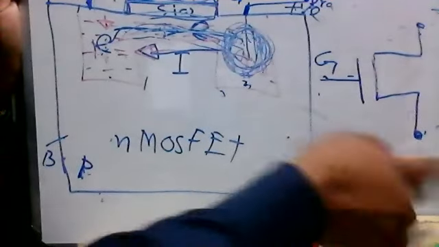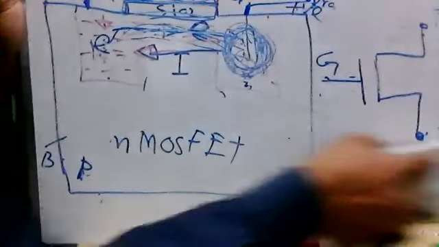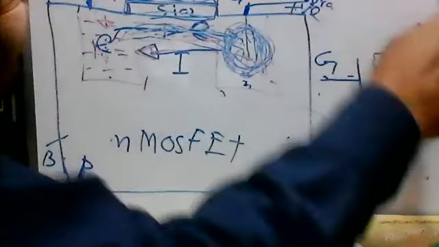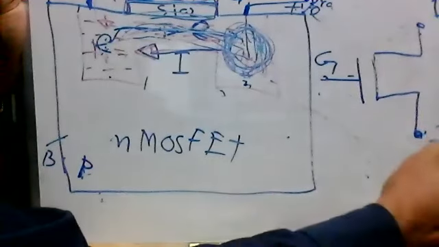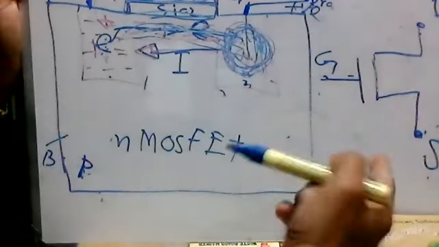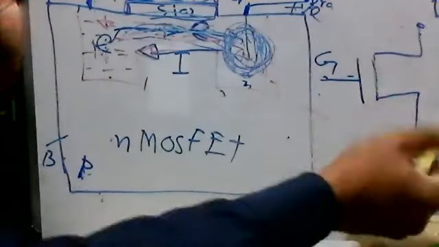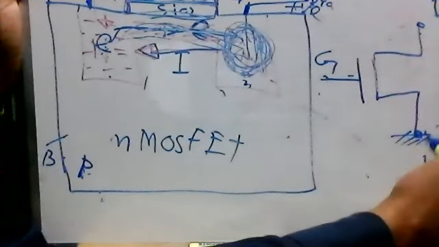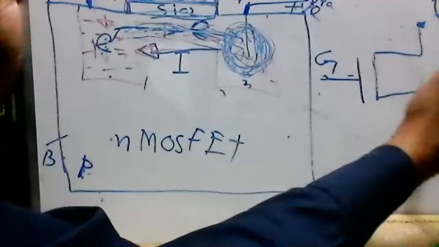So that's why we have to change it. We have to put the drain in the upper side. You have to put the drain here and the source here, because the source is negative in this case for NMOS. Source is negative, that's why we put it here in the bottom, and this is a source, and this is a drain, which is positive.